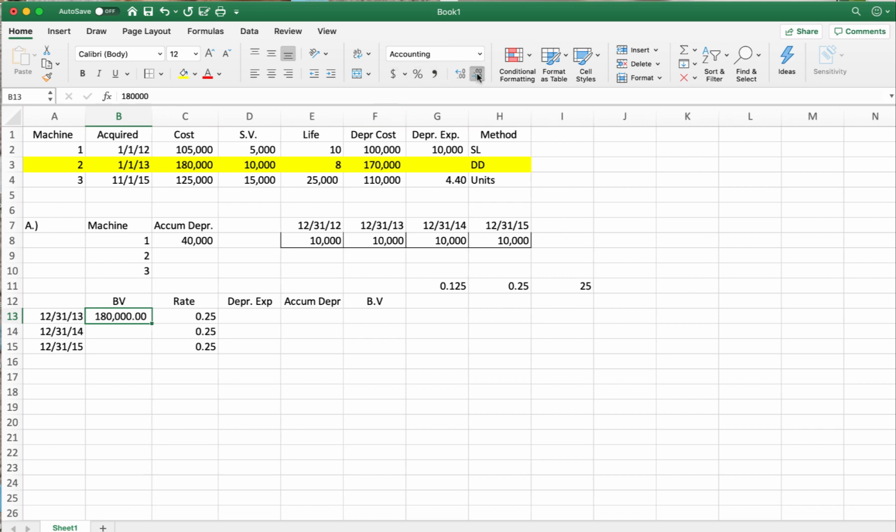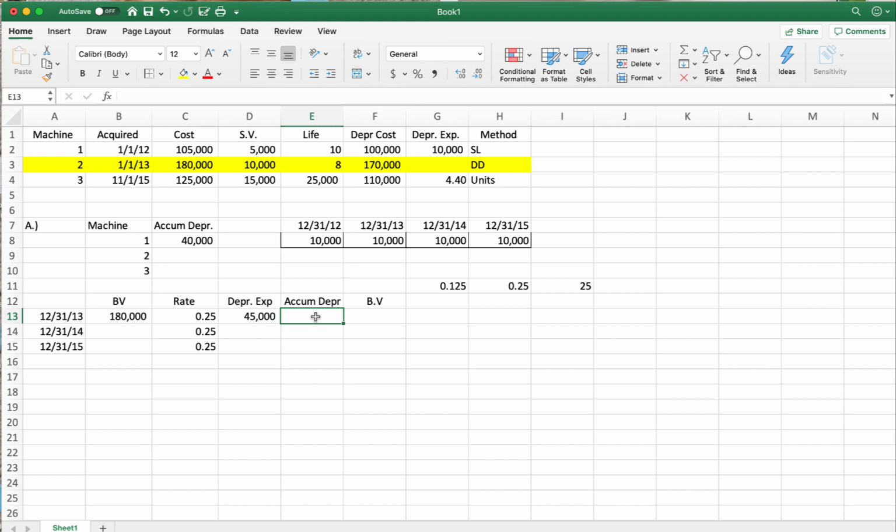Okay? So what I'm going to do is calculate my depreciation expense. Well, that's easy. If I take $180,000 times 0.25, I end up with $45,000. Okay, cool. What is my accumulated depreciation? Well, I'm still in year 1.